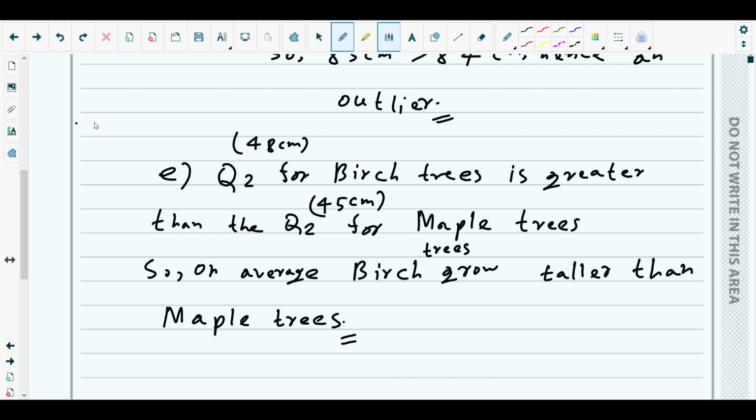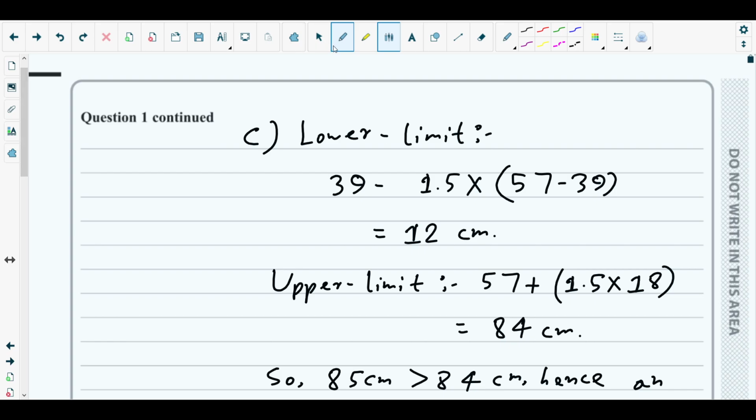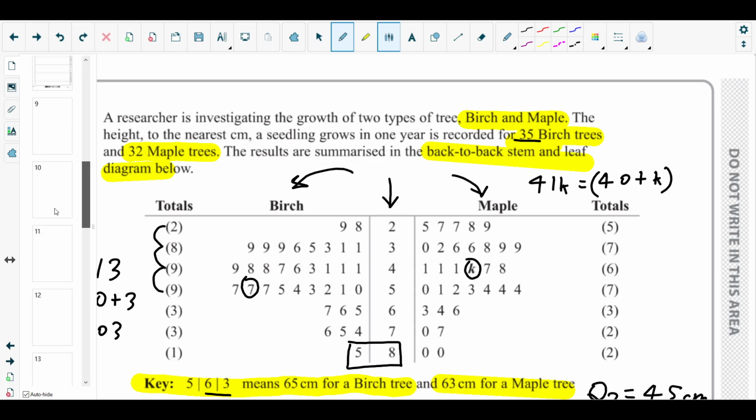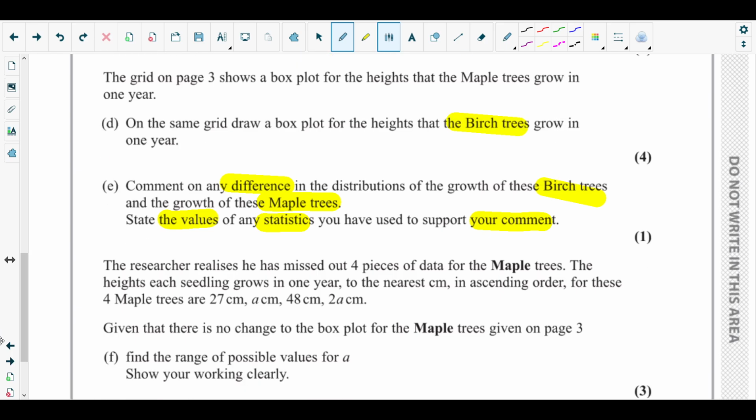Okay. So next is what? We need to consider part F, the last part of this question. For part F, they are saying the researcher realizes that he missed out 4 pieces of data for the maple trees.